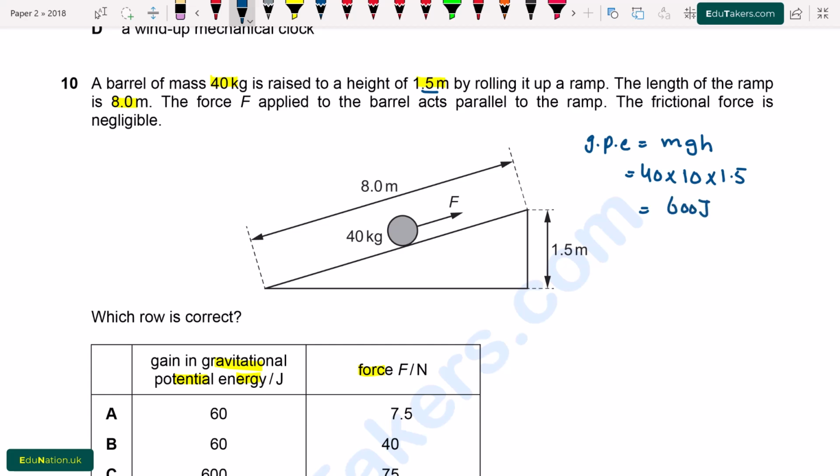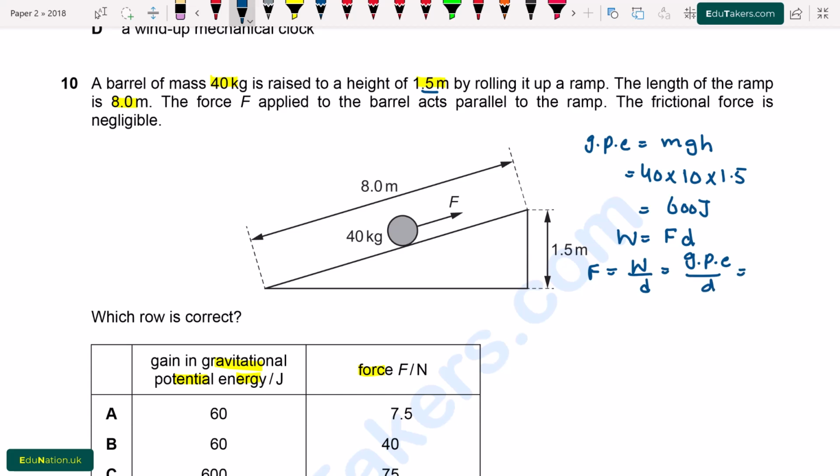Next we also have to find out force. We know that work is equal to force multiplied by distance. From here force will be equal to W by D. In this case work will be equal to the gravitational potential energy.